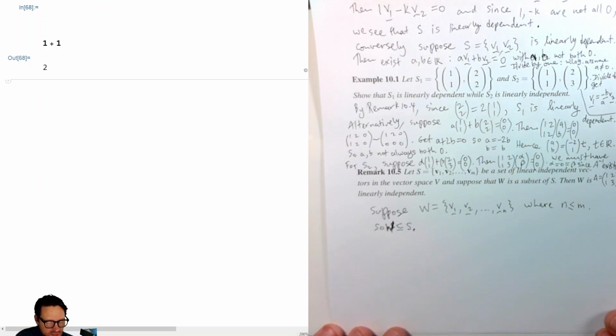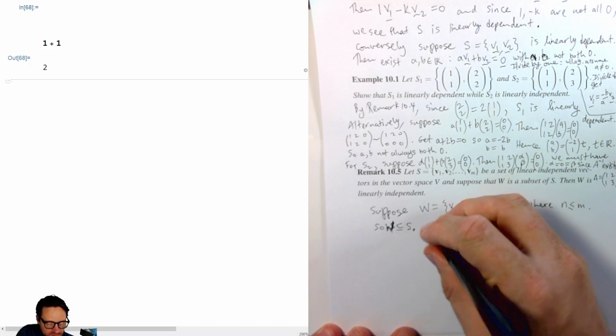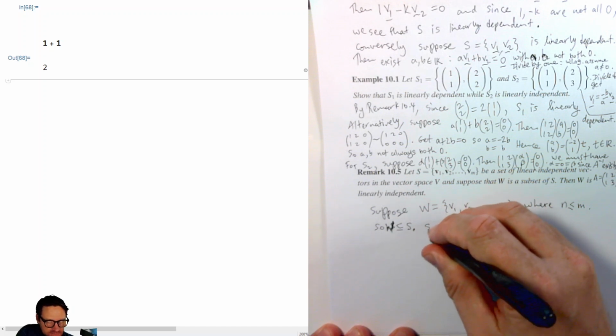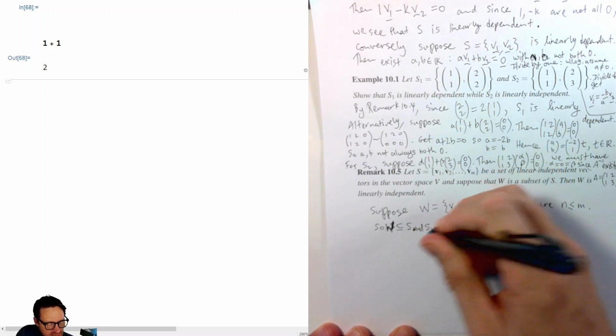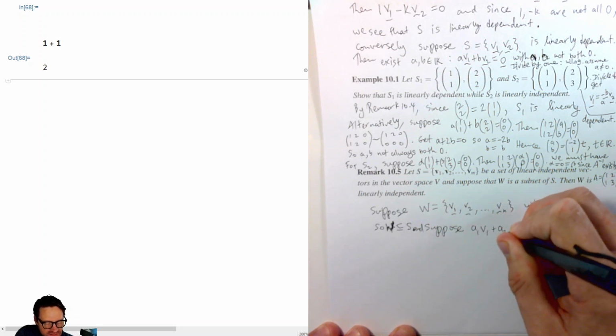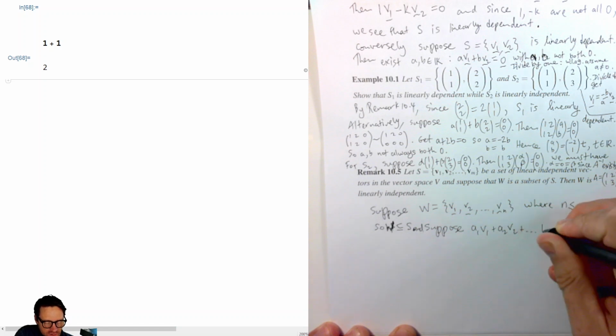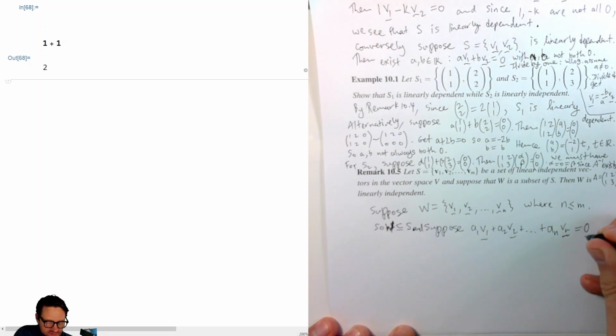All right, so we've got to show that W is linearly independent following from the linear independence of S. So what we want to do is set up our equation. Suppose a1 v1 plus a2 v2 and so on up to an vn, and I should put tildes under all these because I'm writing them by hand, suppose this adds up to the 0 vector.